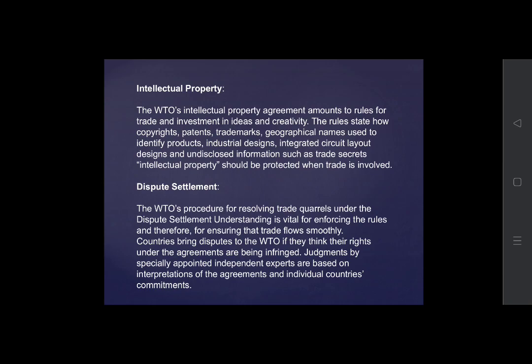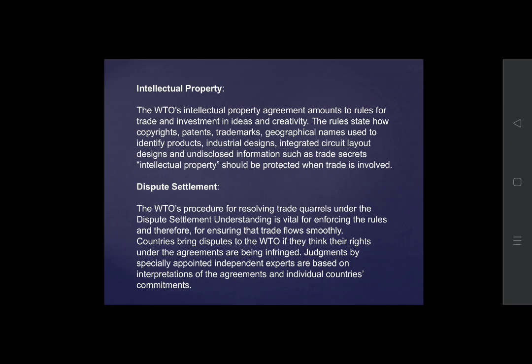Intellectual property. The WTO intellectual property agreement amounts to rules for trade and investment in ideas and creativity.